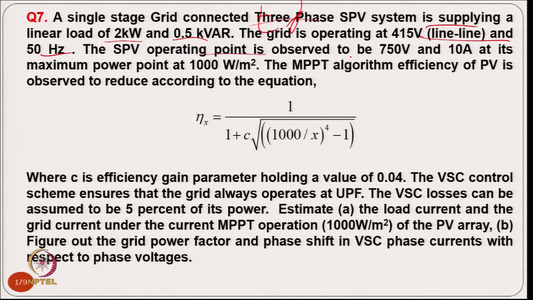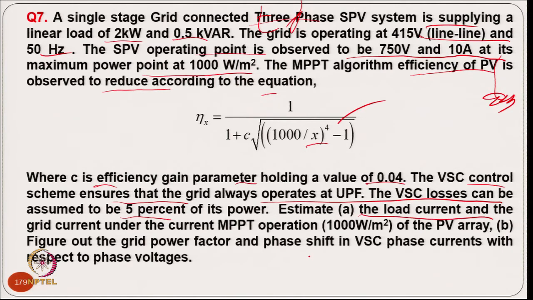The solar PV is operating at 750 volt at 10 ampere at the maximum power tracking of 1000 watt per meter square, and the MPPT efficiency of the PV array is observed to reduce according to this algorithm, where the efficiency gain parameter C holds a value of 0.04. The voltage source converter control scheme ensures the grid always operates at unity power factor. The voltage source converter losses can also be assumed as 5% of its power.